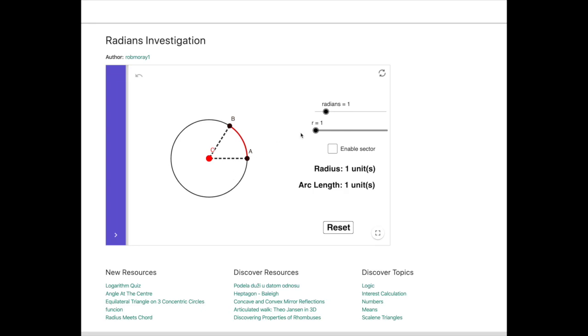Now, how many radians are equivalent to 180 degrees? So if I was going to make this 180 degrees, notice that it's between 3.1 and 3.2. Right? Now, what famous number is between 3.1 and 3.2?